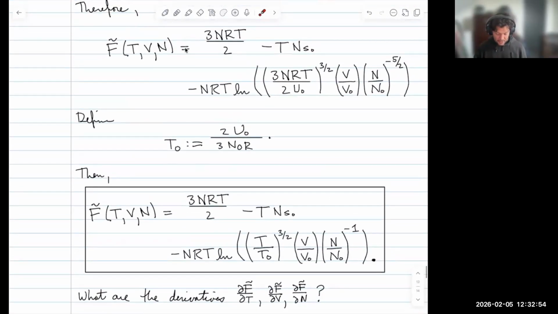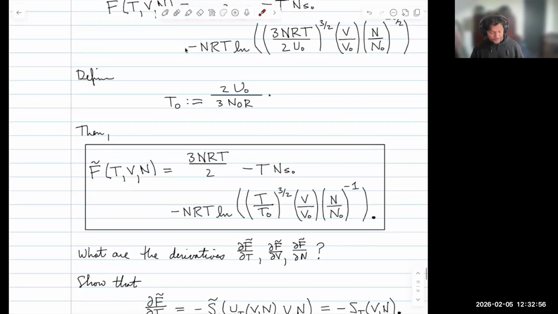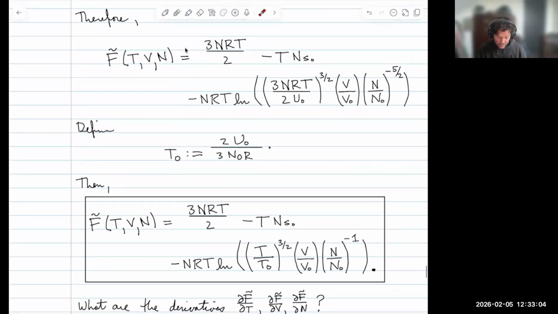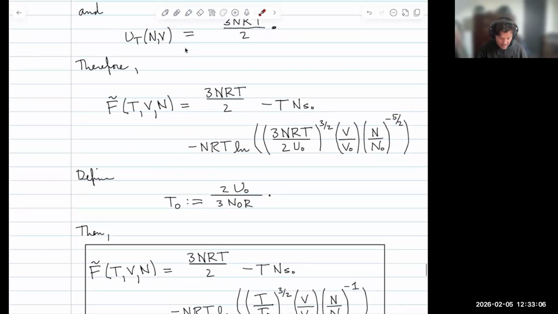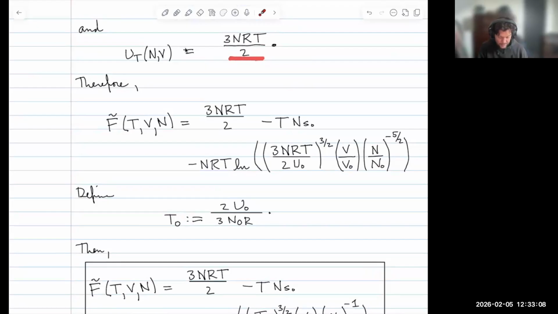I'm simply going to ask you, please check this. You should get a function of T, V, and N out in the end. All I'm doing here is, again, I have a functional version of this relation. Wherever I saw U before, I'm just going to plop that in. U appeared in only one place, and it was exactly that spot right there.